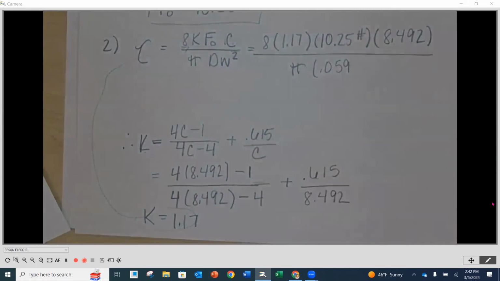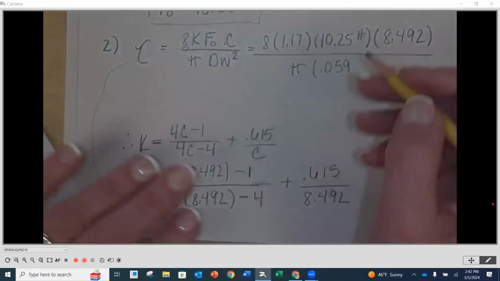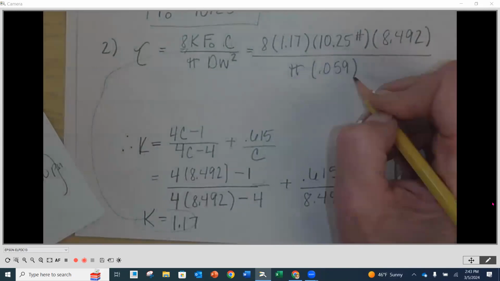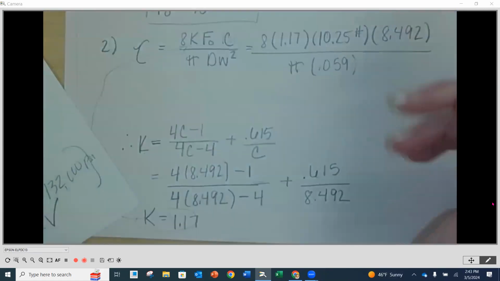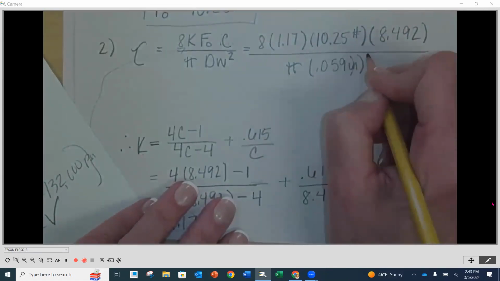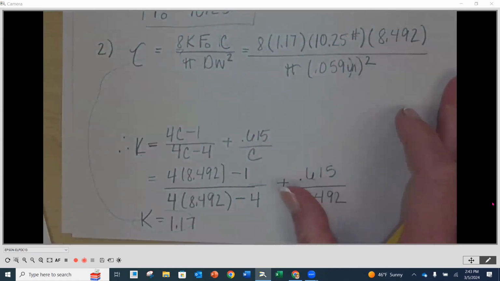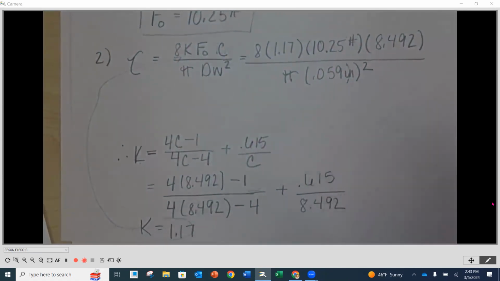Not the mean. No, it's the wire diameter. And, oops, I have inches in there. Inches squared. So units wise, on the top we have pounds, and on the bottom we have inches squared. So it makes sense that for stress, it's going to be pounds per square inch, right?